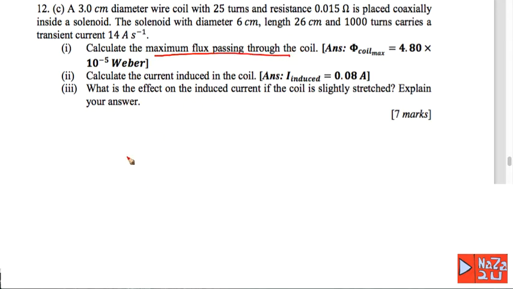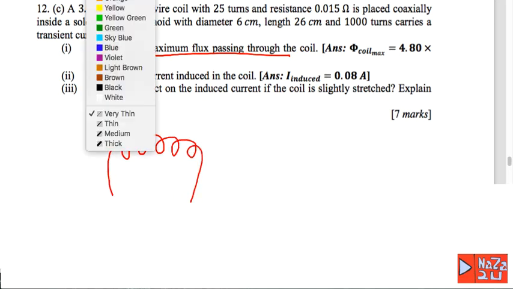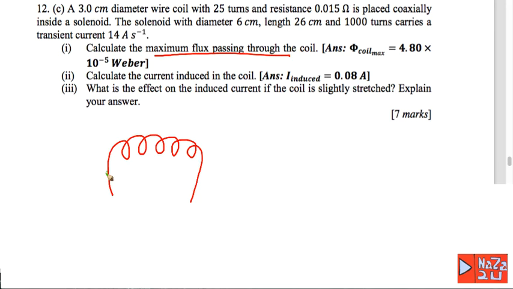So first you have the solenoid here, and you have the current flowing in the solenoid. What is the I? This is a transfer current of 14 ampere per second.